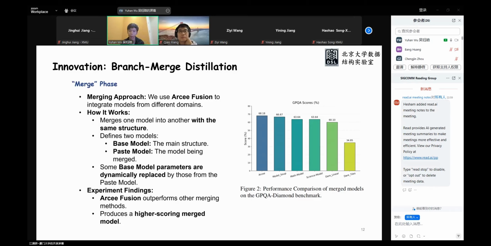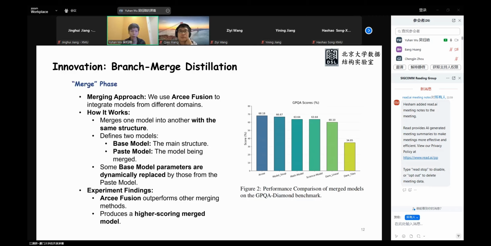First, the base model, the primary model that is retained after merging, which is the main structure. The second is the donor model, the model that contributes parameters to the base model. During merging, some parameters of the base model are dynamically replaced by those from the donor model.